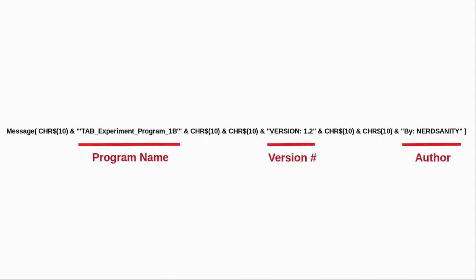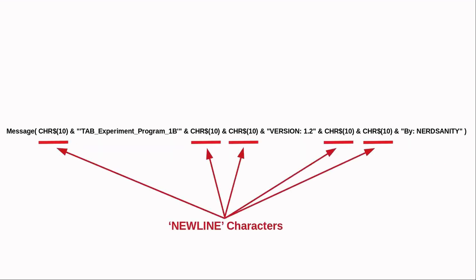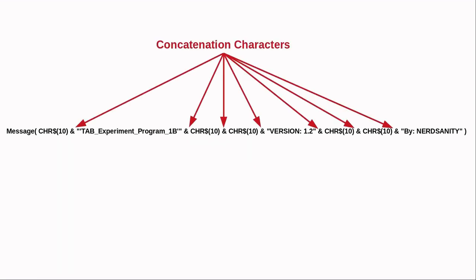Here is the relevant program information contained in text strings, the new line characters to format the vertical spacing for the appearance that I want, and the concatenation characters to tie the text and formatting together.